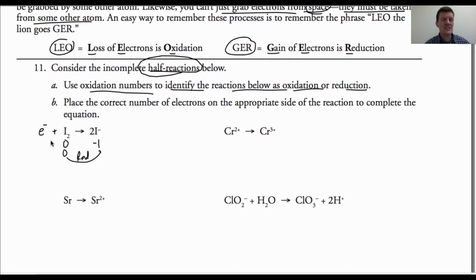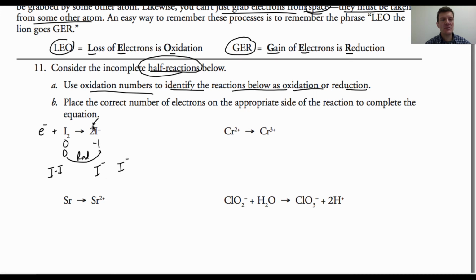Well, how many exactly? In this case, I am going to consider now the coefficients. You have 2 iodine atoms over here that are bonded together. They get broken apart and produce 2 separate ions, iodide ions.